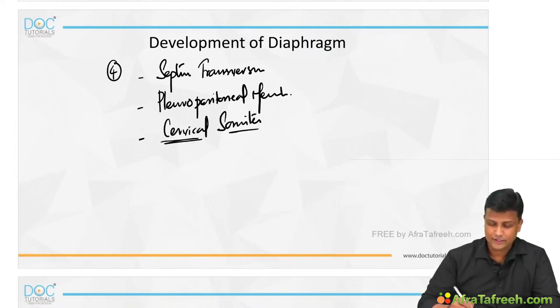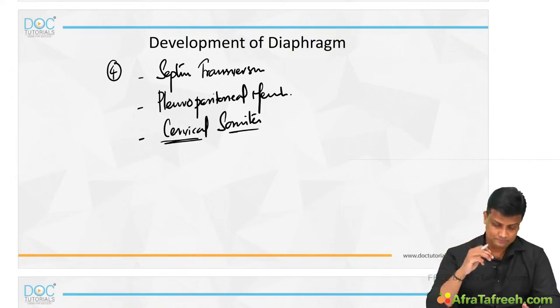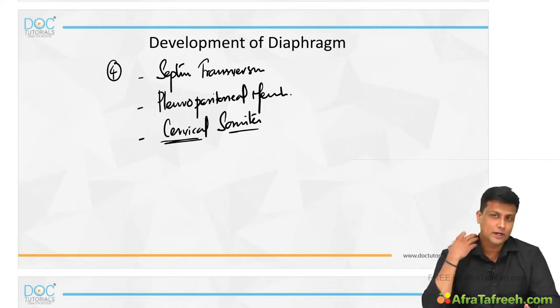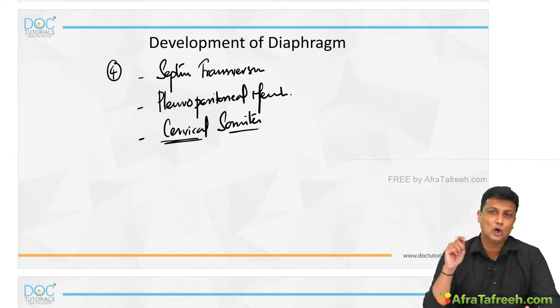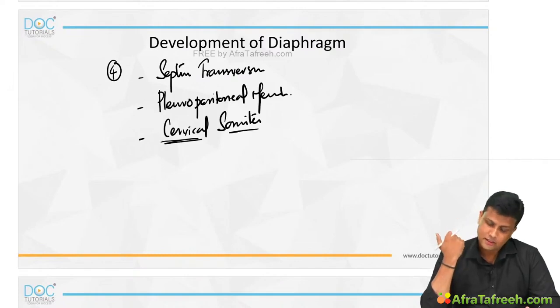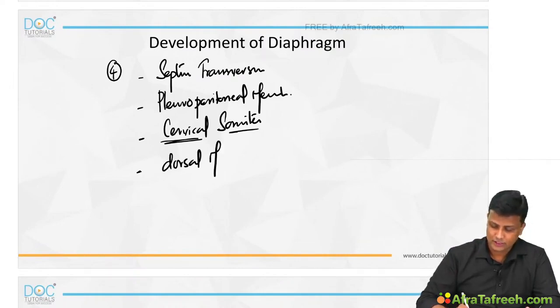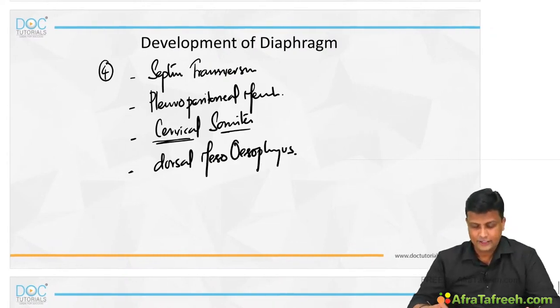Why is it confusing many students? Students think there is no connection between the diaphragm and cervical, but remember the phrenic nerve. The logic to remember is that the phrenic nerve originates from C3, C4 and C5. Then, my dear friends, remember one more thing, that is the dorsal mesoesophagus. These are the 4 sources from where your entire diaphragm develops.